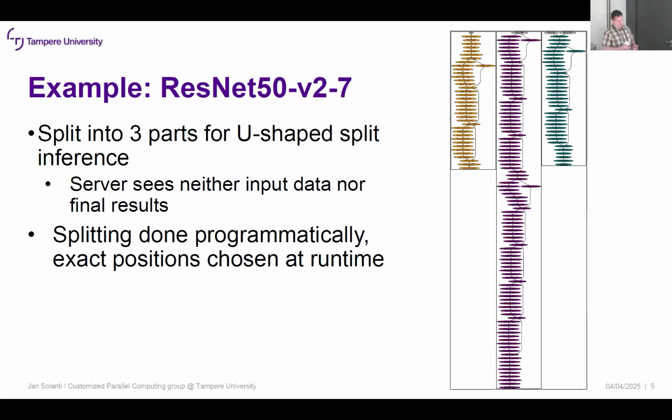So there I have the split, which has a set of operations that need to be done locally. And then in the middle, a set of operations that can be offloaded with reasonable privacy. And then the final results need to be computed again locally with the last component.